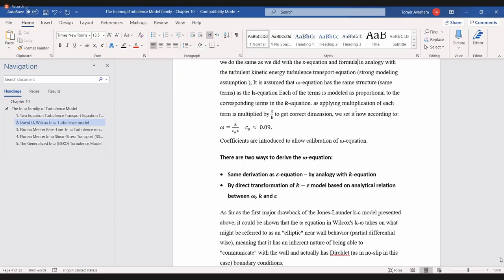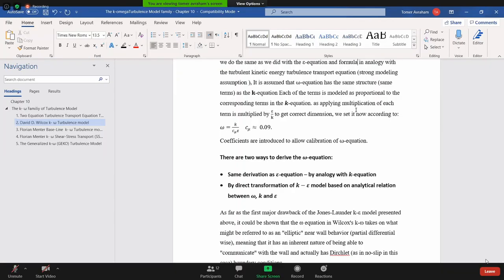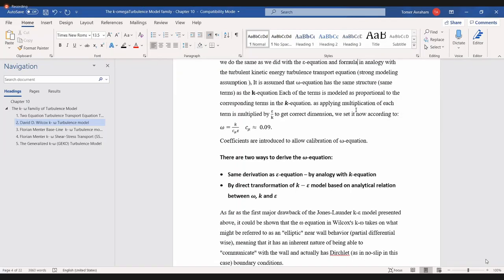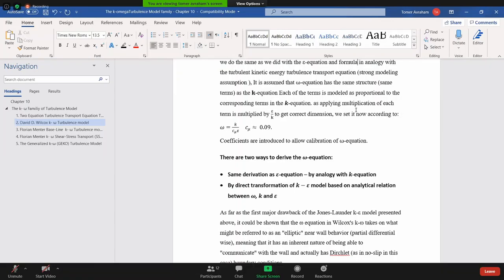Like if you take a square duct, you would expect to get some kind of recirculation at the corners, right? Yes, but you will not get them with two-equation models, because the shear stress penetrates too hard to the corners.